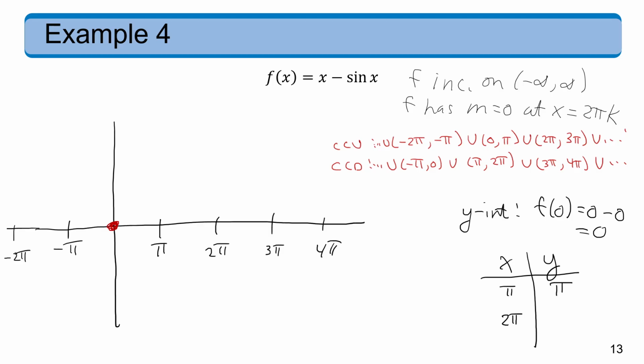When you plug 2 pi into the function, you get 2 pi minus sine of 2 pi, but sine of 2 pi is 0, so it's just 2 pi that this simplifies to. Notice at every multiple of pi, you're just going to get that number back, right? Because sine is always 0 at a k pi. Okay, so let's mark off some points on our y-axis. Let's go up to 4 pi.